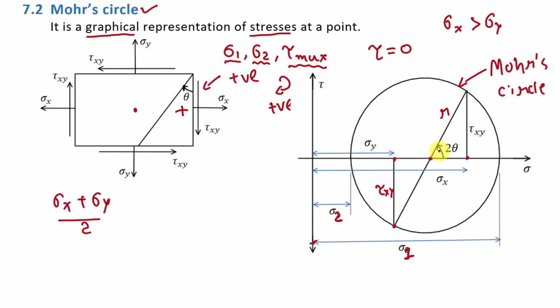Fine. And you can see that this is the point which is center of this Mohr circle. So we can say that center of Mohr circle is (sigma x plus sigma y by 2, 0), because at this point value of shear stress is 0.